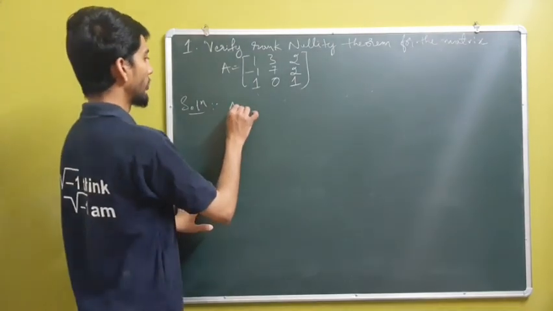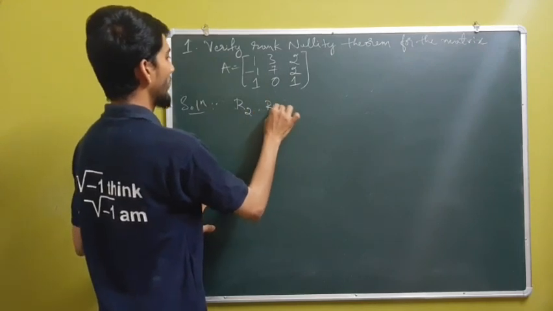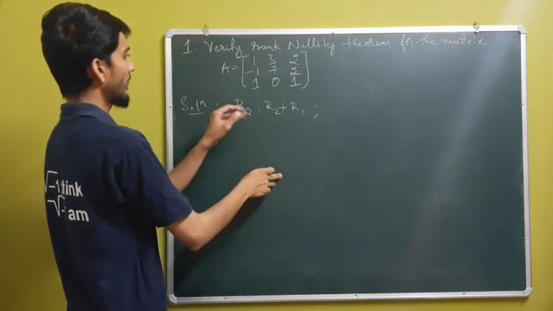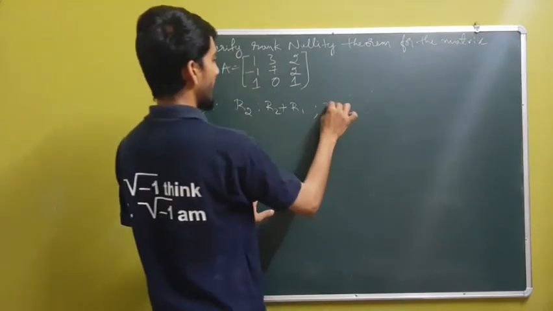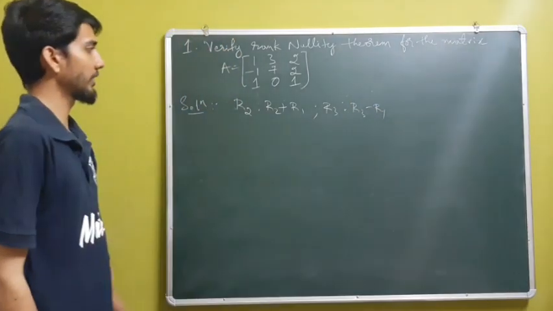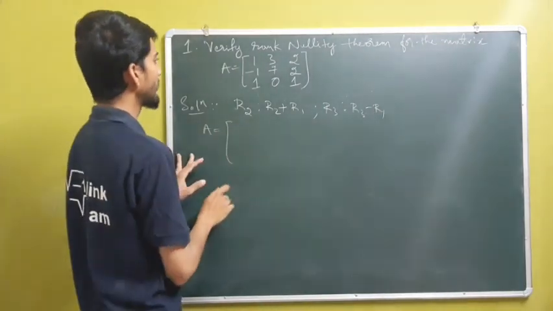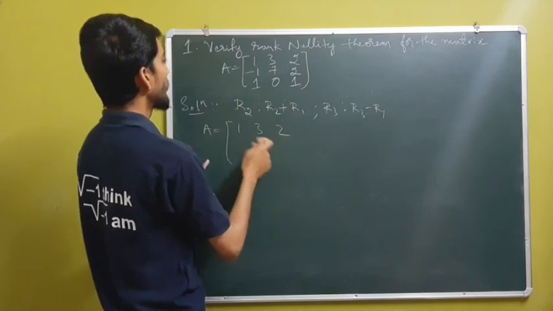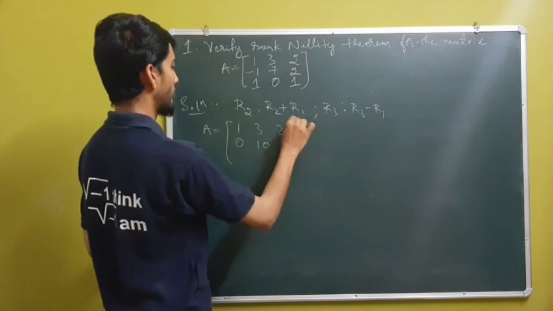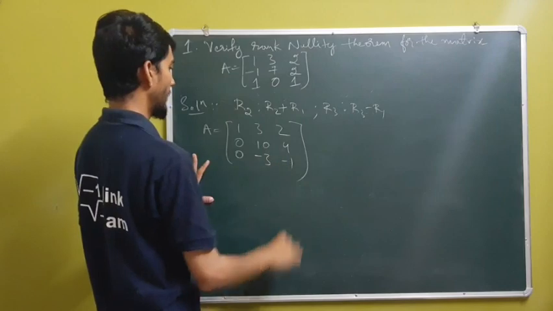in order to find the rank. So following the row operations, in R2 I will add R2 and R1 so that will be 0, and for R3 I will do R3 minus R1. So the operations are R2 plus R1 and R3 minus R1, which yields a matrix such that R2 is 0 7 3, 0 2 2, and 1 minus 1 is 0, minus 3 and minus 1.